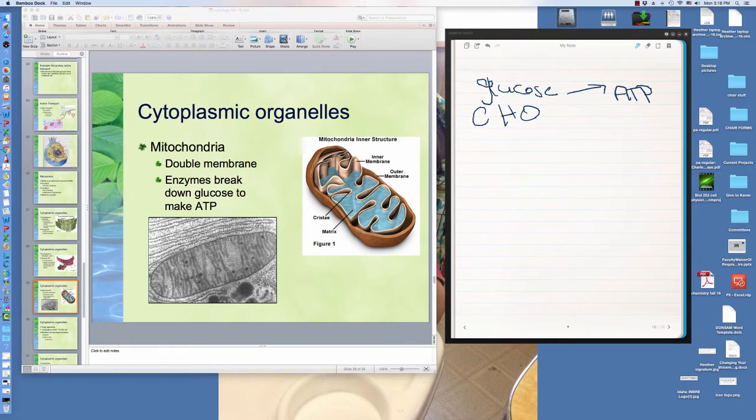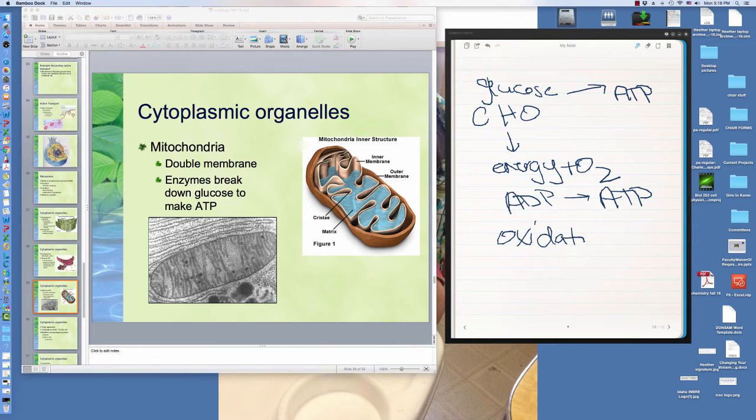But as you break down that glucose, you release energy. And you use that energy plus oxygen to convert ADP into ATP. So you're using the energy from the glucose and oxygen to add a phosphate to ADP. Hence, it's called oxidative phosphorylation.